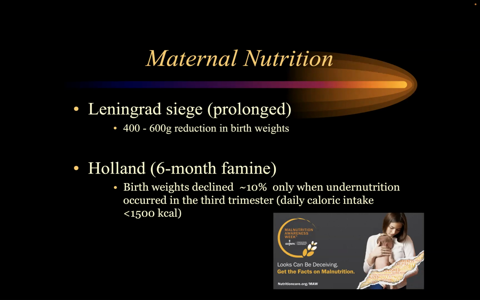And just looking at births that occurred during that multi-year period, there was on average about a pound reduction in birth weight. A different situation occurred in Holland where there was only about a 6-month famine. And there they were able to look at impacts of malnutrition at each trimester. And of interest, it only seemed like the 3rd trimester was the truly vulnerable period of fetal development that resulted in a decrease in birth weight. Next slide.